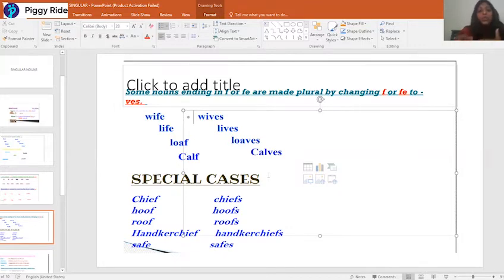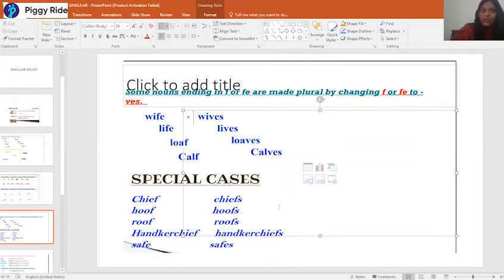We don't put VES. Chief will remain chiefs. Now let me take you to the next example, which is HOOF. We change it to HOOFS. Okay, no VES. It will be incorrect.